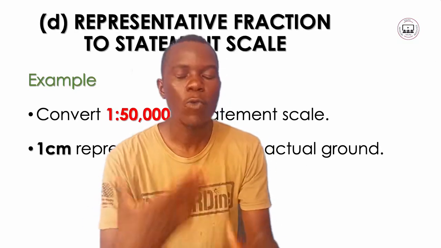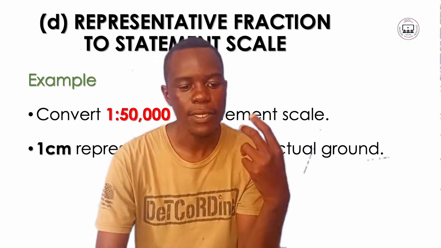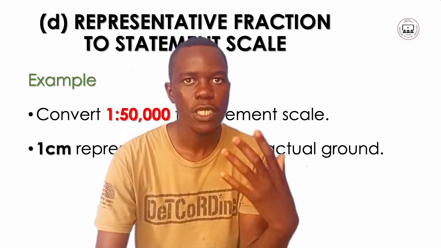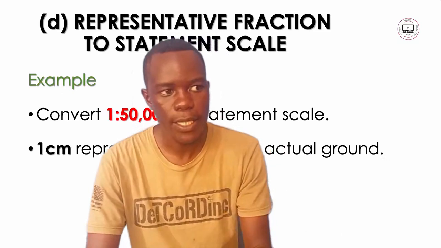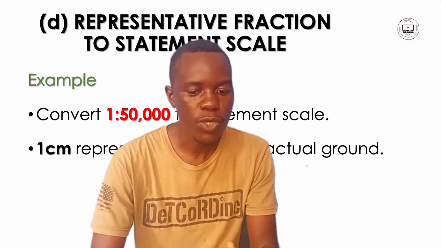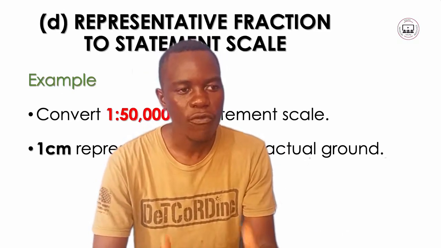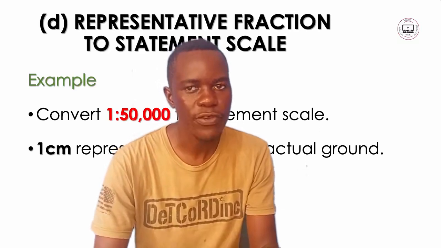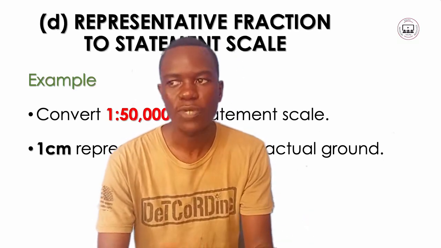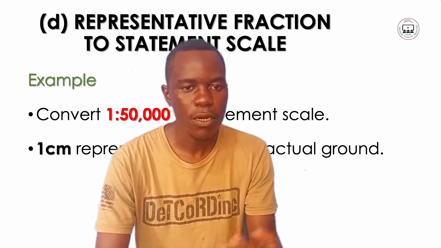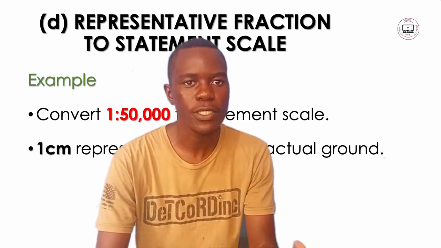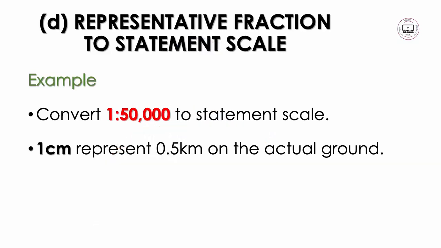Right. We have looked at the ways of converting the scale from one form to another. The next question is, how important are the ways in which scale is used? So we're going to look at the importance of the scale.